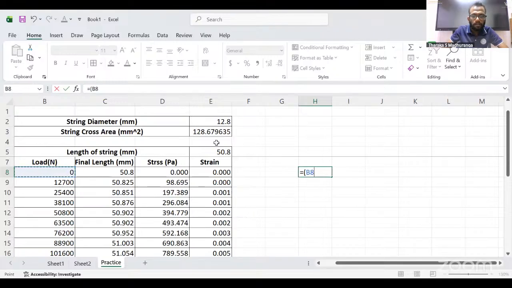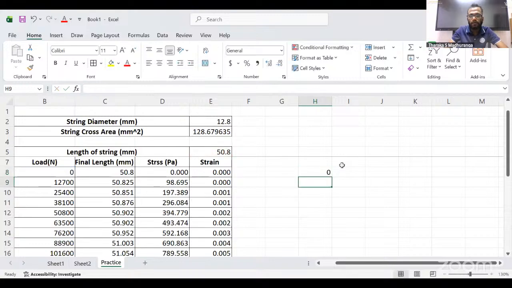Load divided by initial length, right? And bracket. That's a simple function, right? All load values need to be divided by the initial length. I made a function, just a simple calculation.